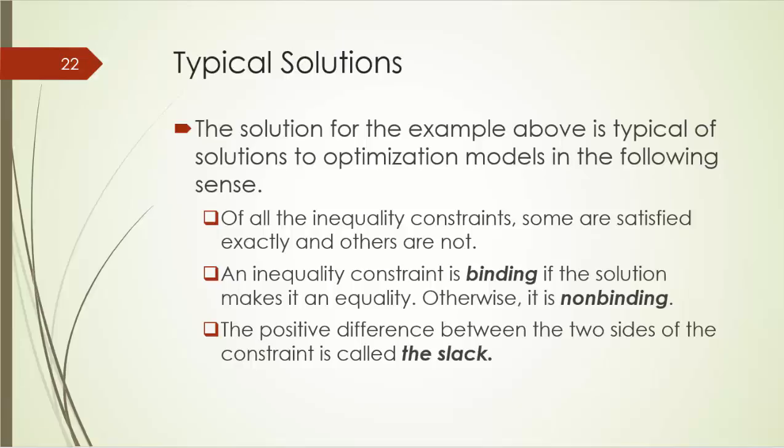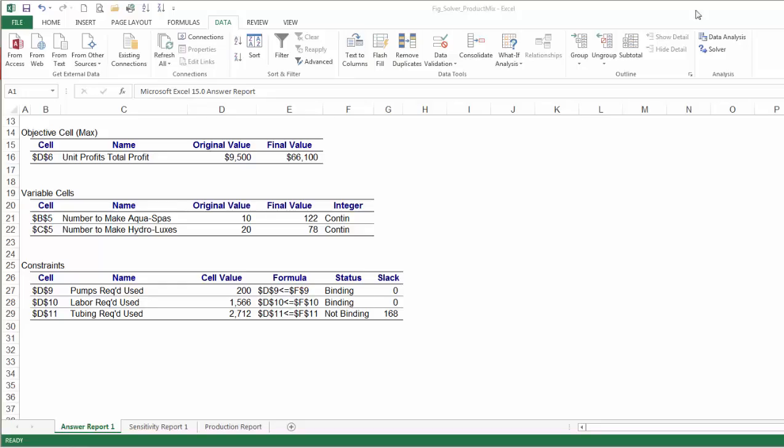Now let's take a quick look at the answer report we generated earlier for the Blue Ridge example. Obviously, most of the information we see in the answer report is what we already know. Optimal solution 122, 78, optimal profit 66,100. And what this means?